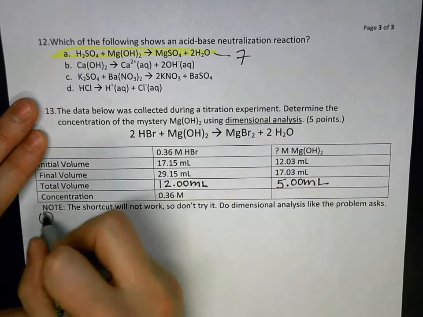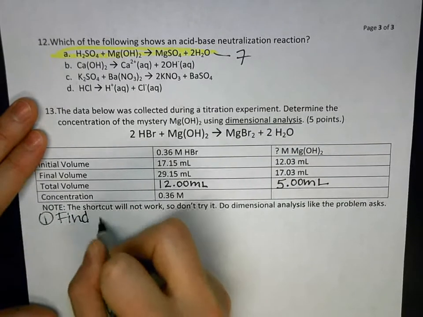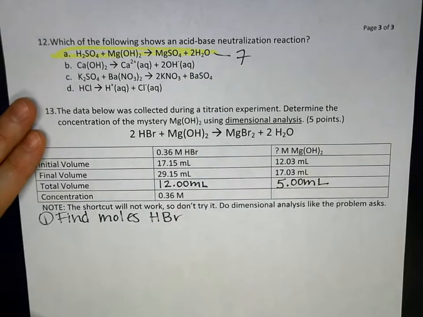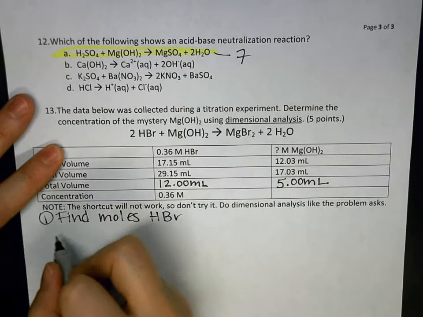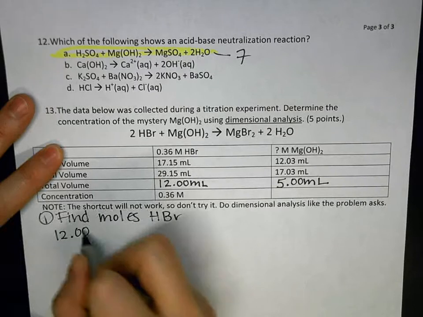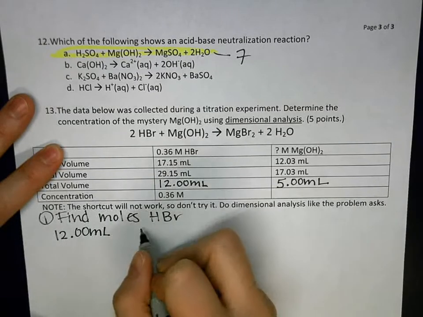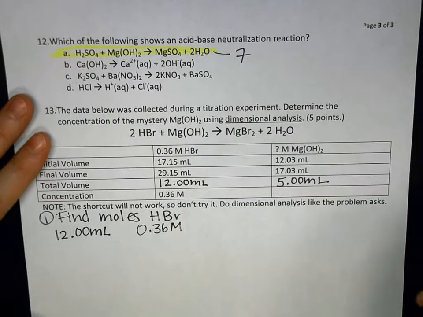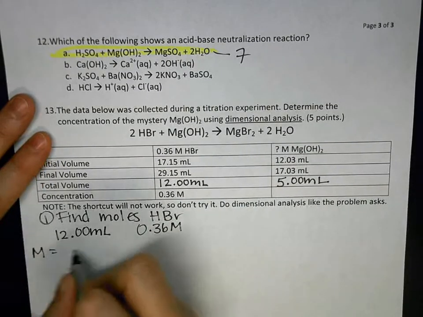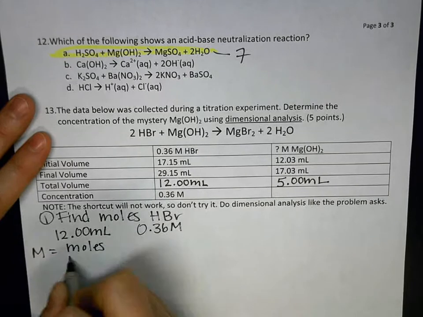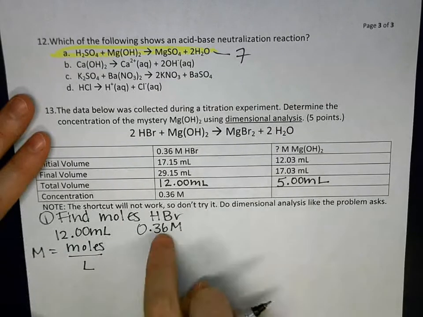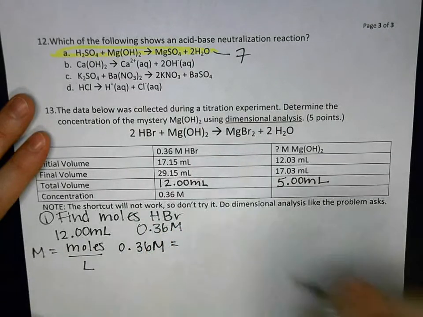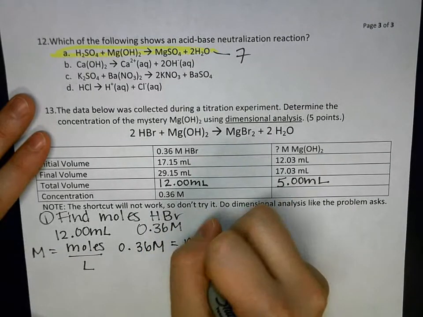My first step is to find the moles of HBr. I've got that the volume is 12.00 milliliters, and the concentration is 0.36 molar. Molarity is moles over liters. I know the molarity, and I'm looking for moles of HBr.